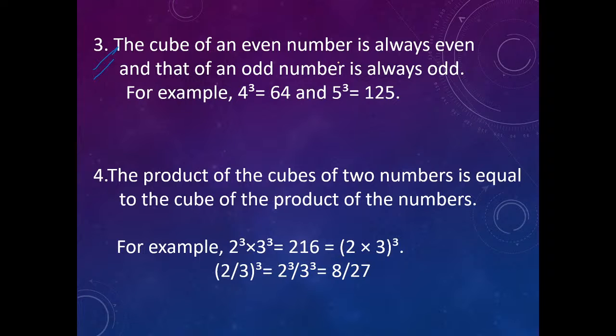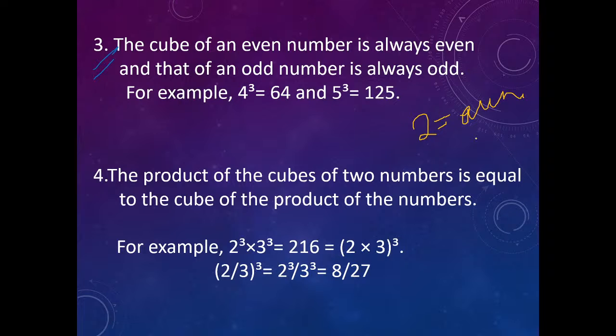The cube of an even number is always even and that of an odd number is always odd. So students, by looking at a number itself, we can tell if it's odd or even, right? If I say 2, it is an even number. If I say 11, 3, 7, 5, these are all odd numbers.